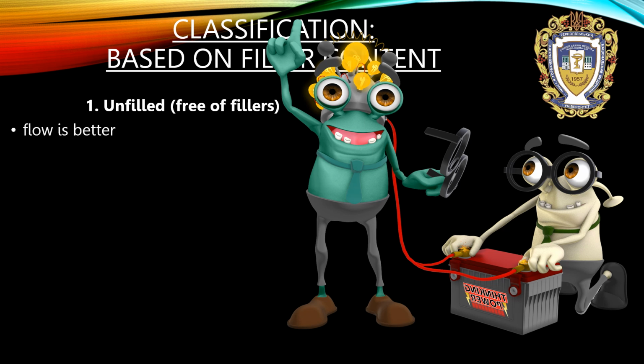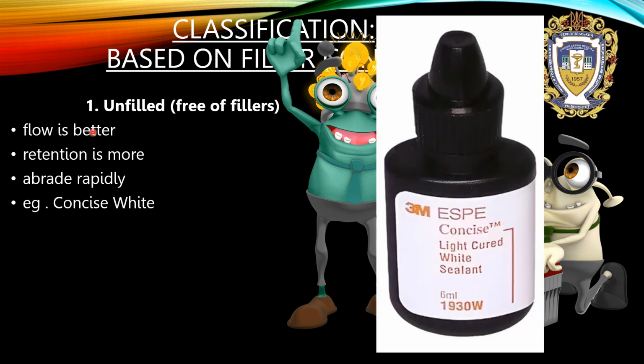Features of this group: flow is better, retention is more, they abrade rapidly. An example of this sealant is a product of 3M ESPE company, a light cured white sealant, Concise.